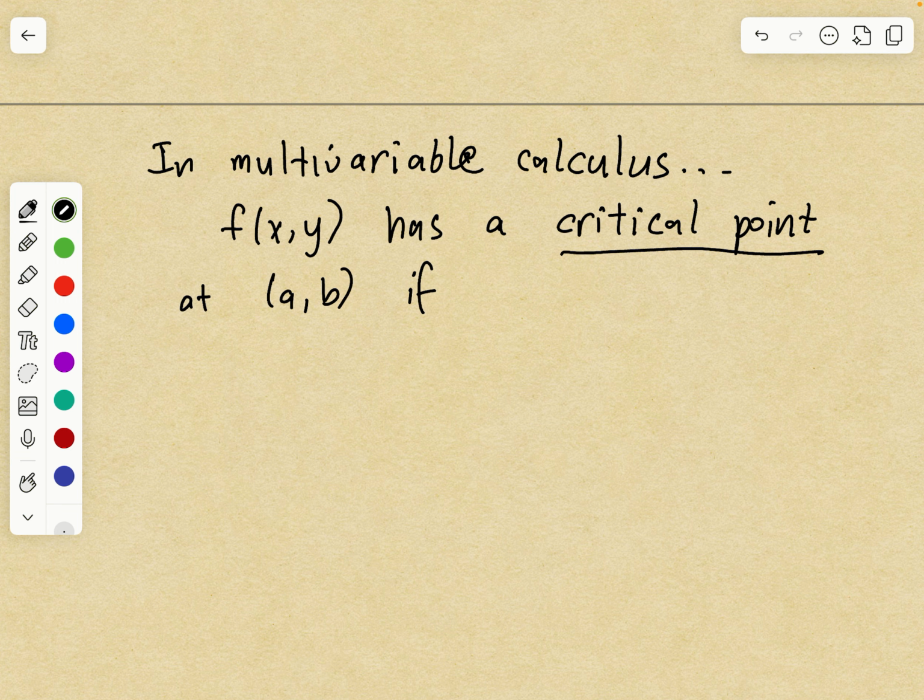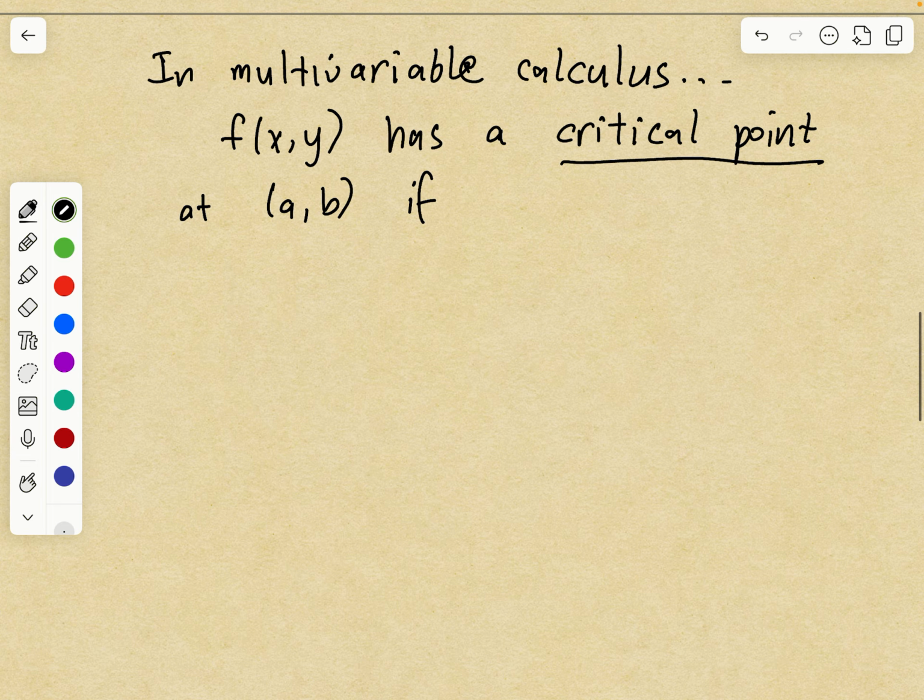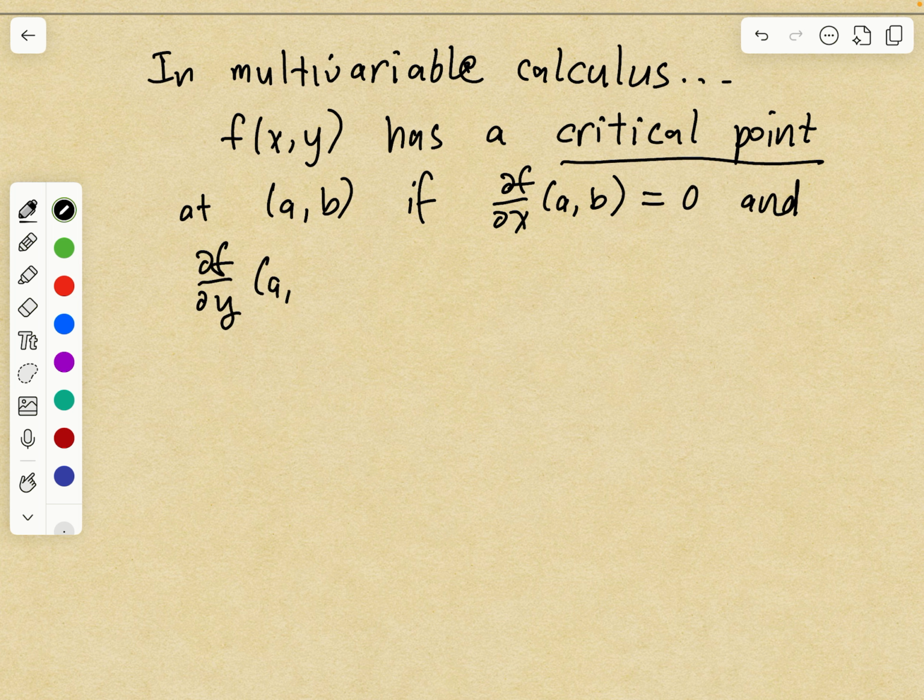You have the partial derivative with respect to x and the partial derivative with respect to y. And what happens is, it's if both partial f partial x at a comma b is 0 and partial f partial y at a comma b is 0.